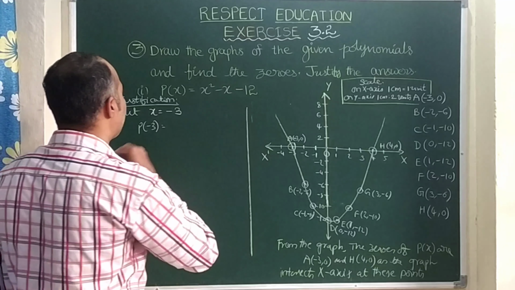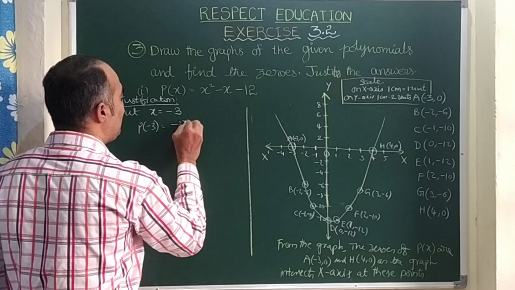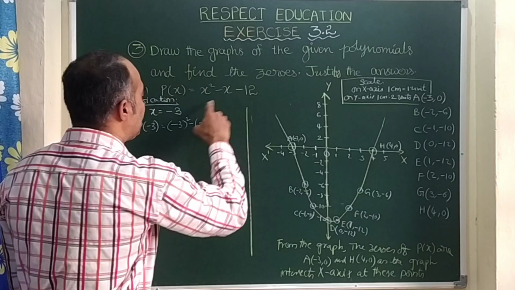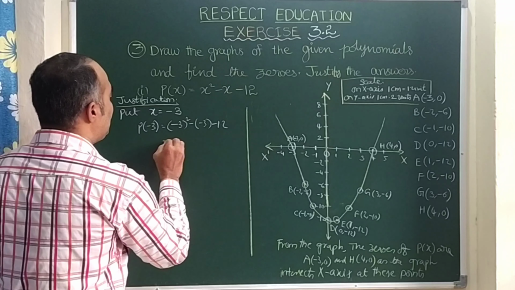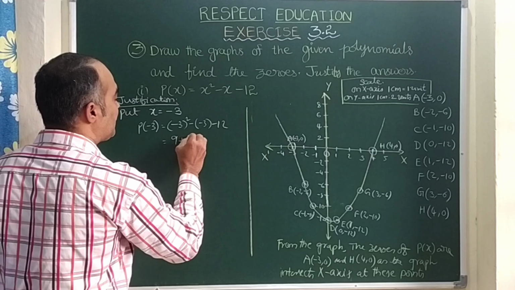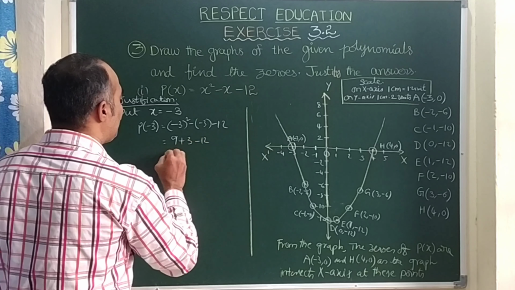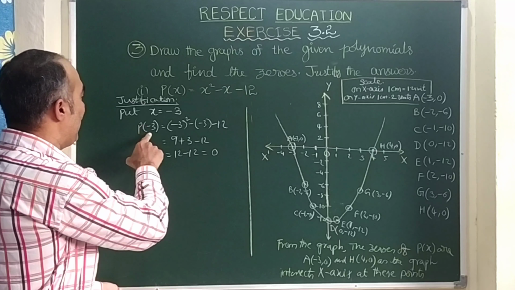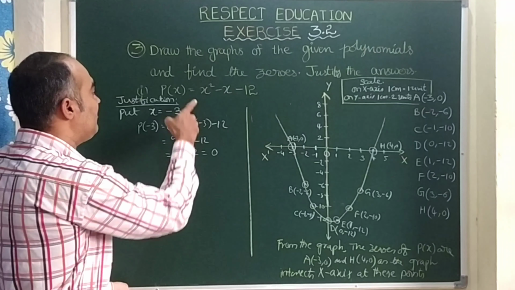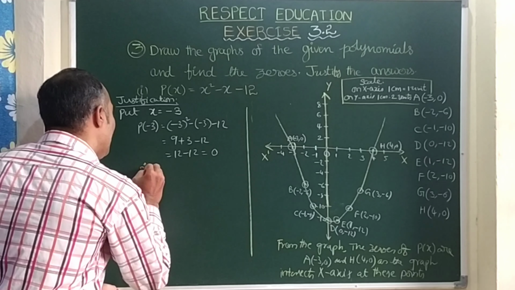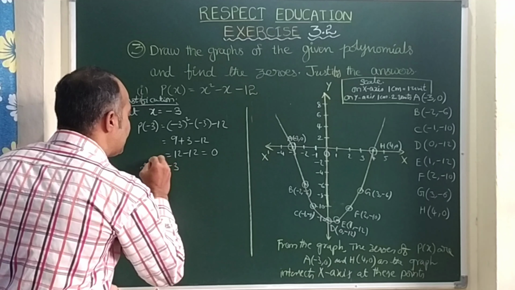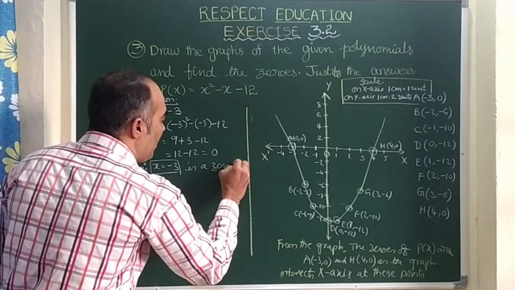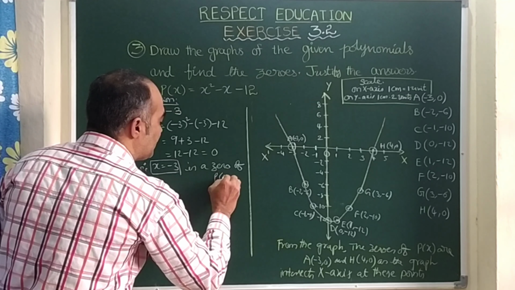P(-3) = (-3)² - (-3) - 12. In place of x I am writing -3. (-3)² is +9. -(-3) is +3, then -12. This is 12 minus 12. It is 0. See here, children, -3 made the given polynomial 0. Therefore, x = -3 is a zero of the given p(x).